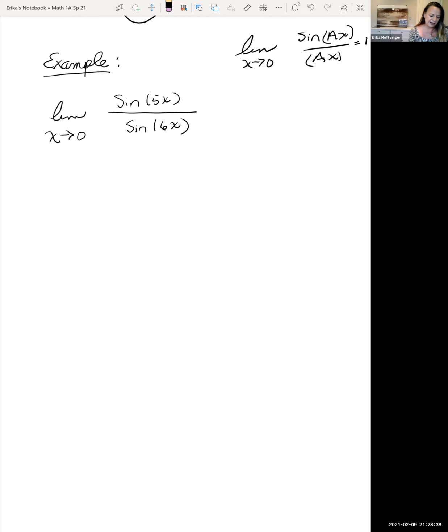Let's do this by multiplying by a fancy one. Let's multiply the numerator by 5x over 5x, and multiply the denominator by 6x over 6x.